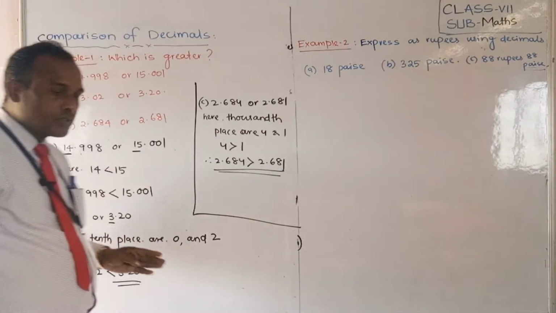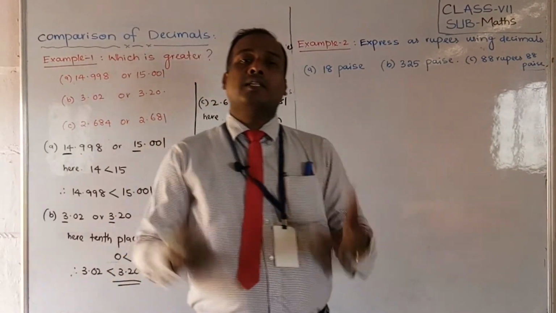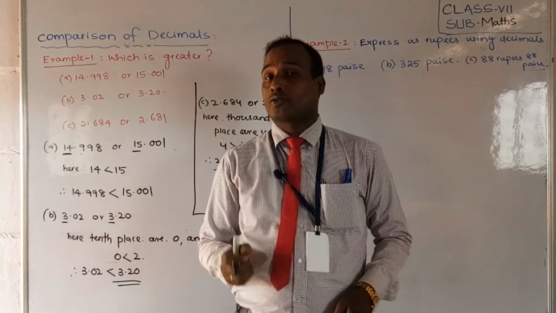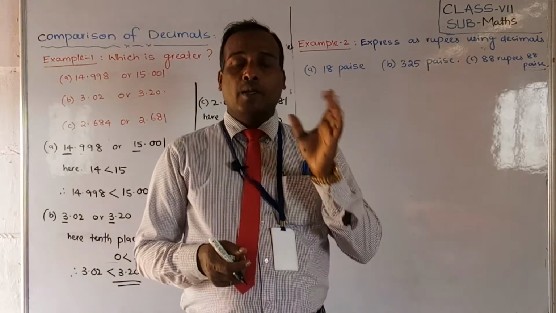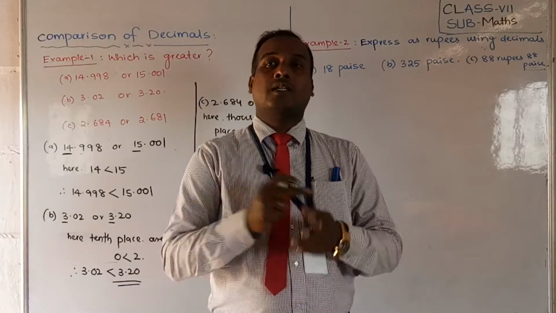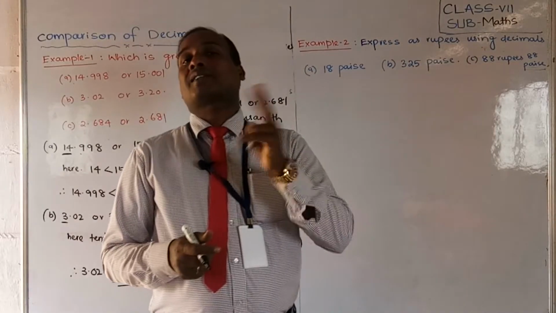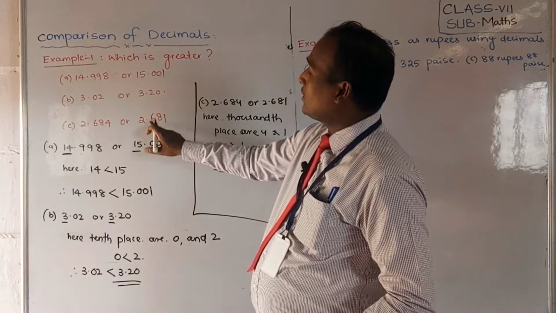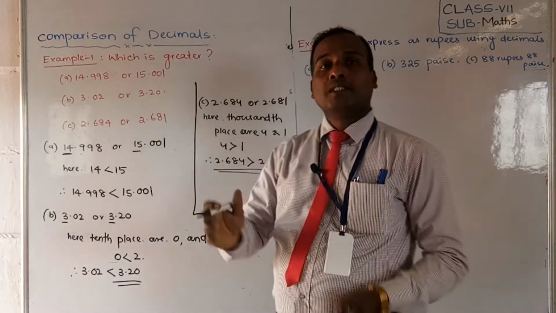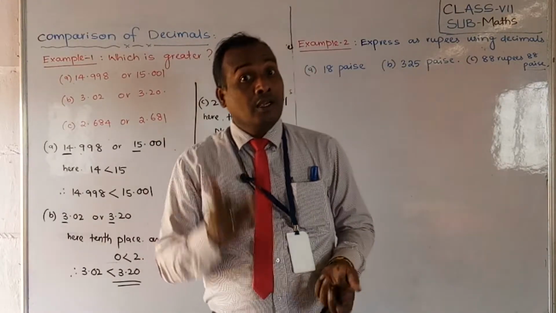First of all, if any two decimals are given, or any three, or whatever, and descending or ascending order is given, first check the whole part of the decimal number. According to the whole part, you can find out the greater and smaller number. If both whole parts are same, then you go for the decimal first place, that means 10th place. If you compare the 10th place, you can easily find out which is smaller or greater.